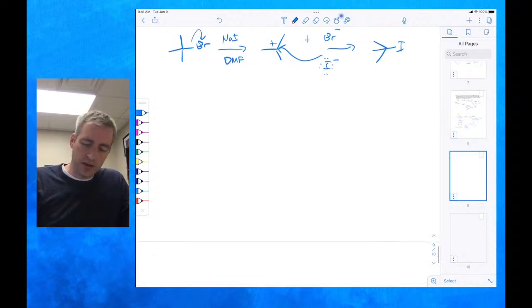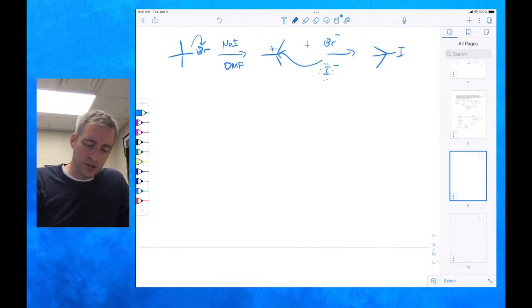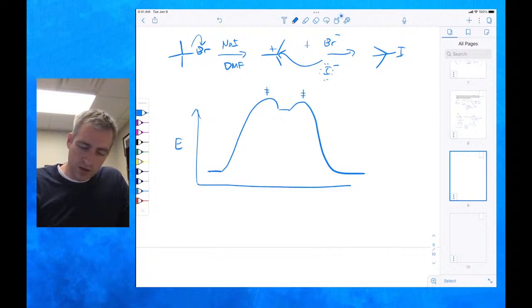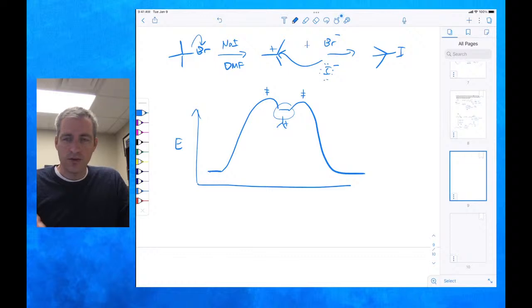This would have a potential energy diagram with two humps, where you have your starting material. And notice how this one starts out, that's a transition state, that's a transition state. This is your carbocation up here, and it's much higher in energy than either your starting material or your products.